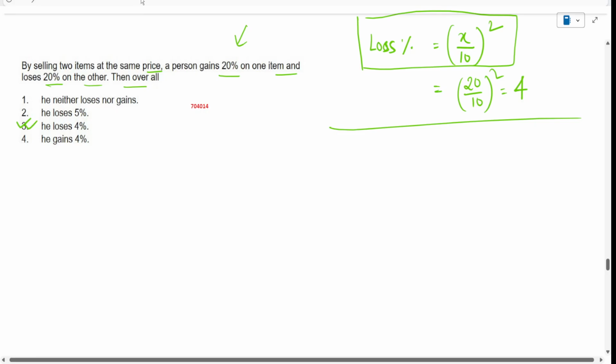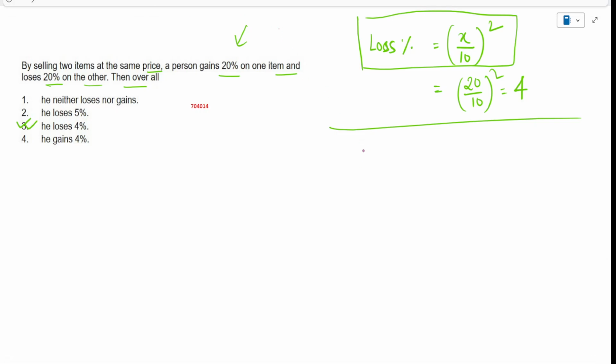I will also tell you what the process actually is. See, the total selling price of the two articles is what? Each sells for 100, so the total selling price is 100 plus 100 equals 200.